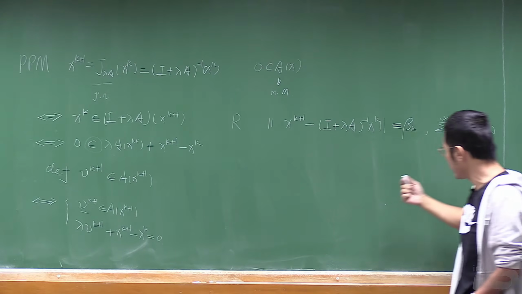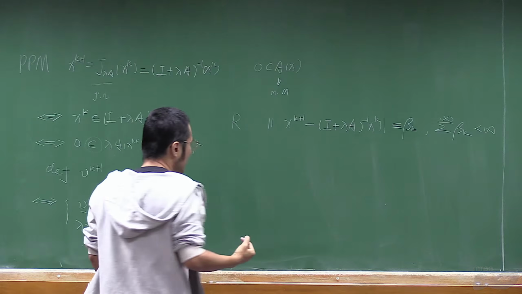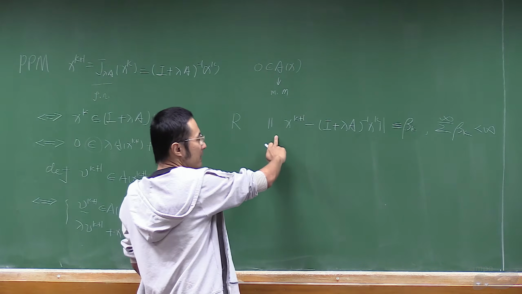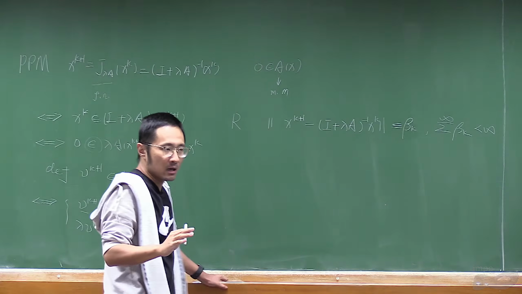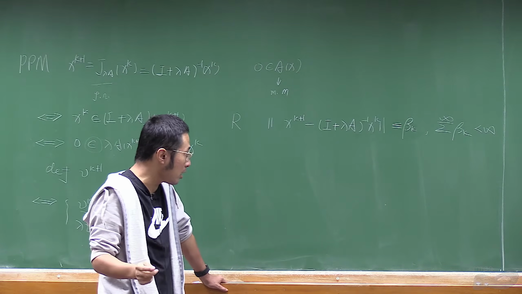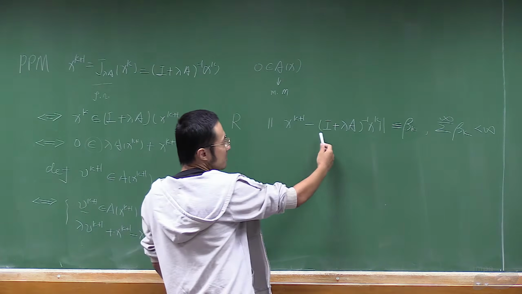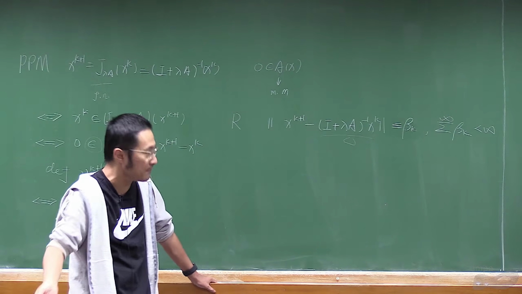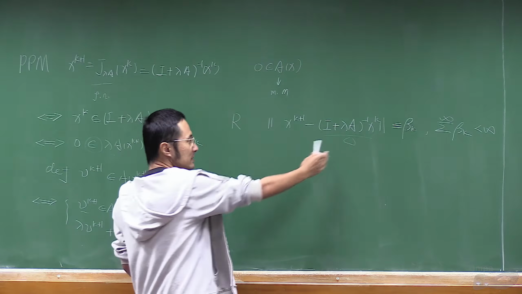This is by Rockafellar. And as we have discussed before, this error criterion is not actionable because we want to evaluate this term, which we can only approximate, so you cannot use it directly.